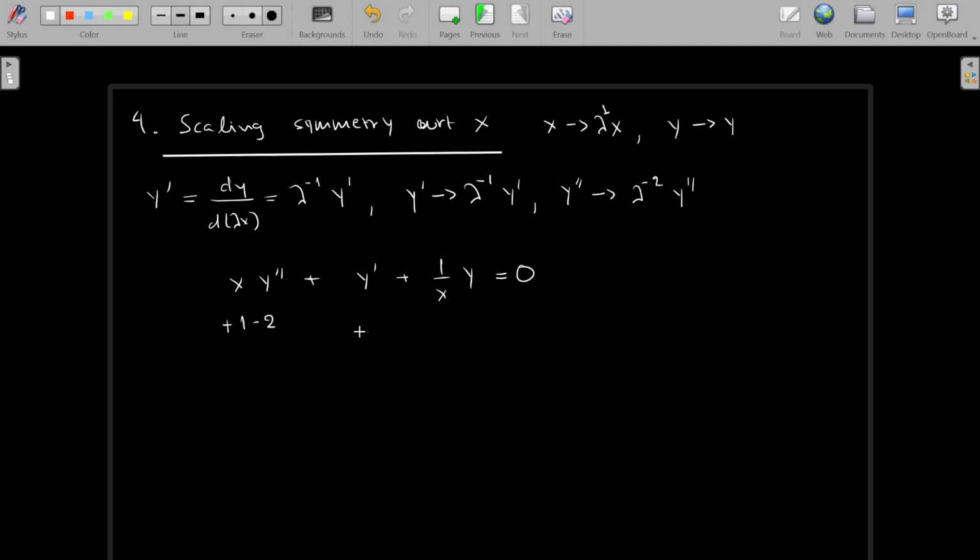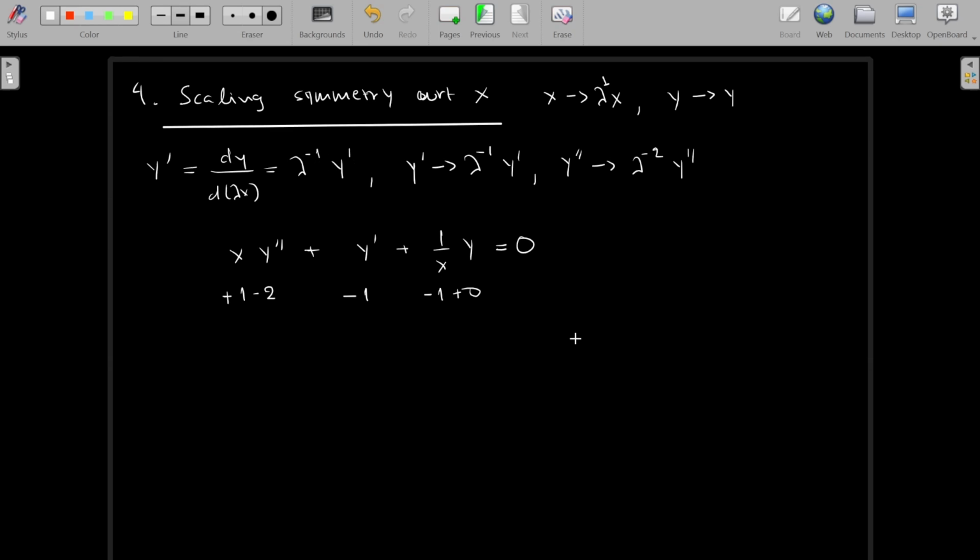This is minus 1. This again is x to the minus 1, so minus 1, and this is plus 0. So minus 1, minus 1, minus 1, each term has the same order of lambda, right? So this differential equation does indeed exhibit a scaling symmetry with respect to x.